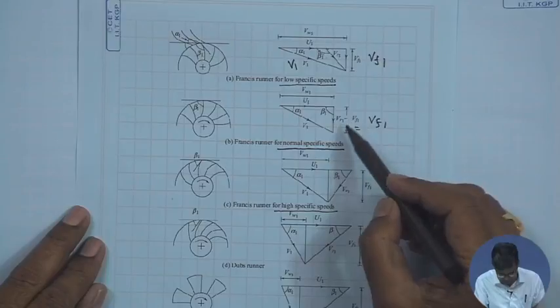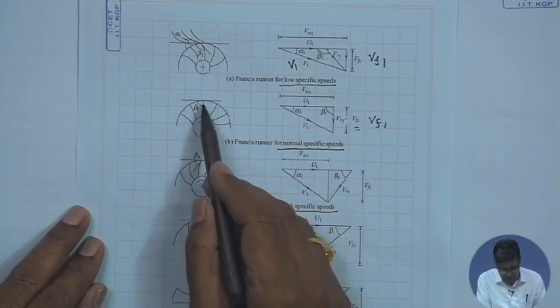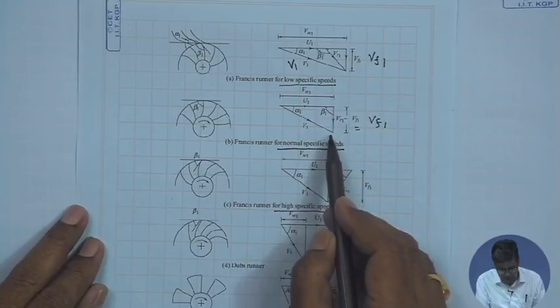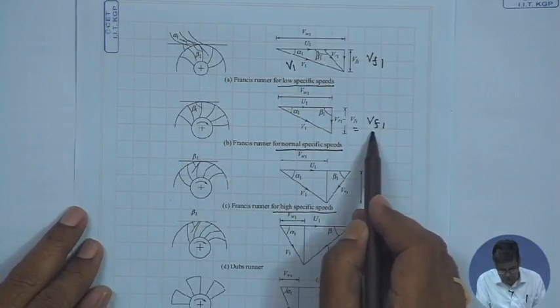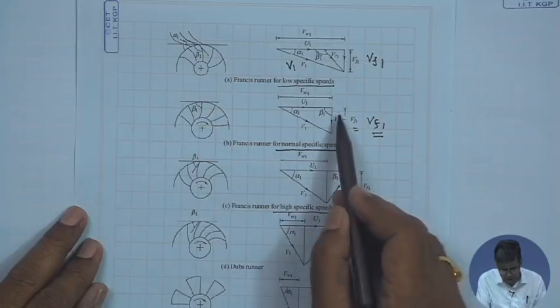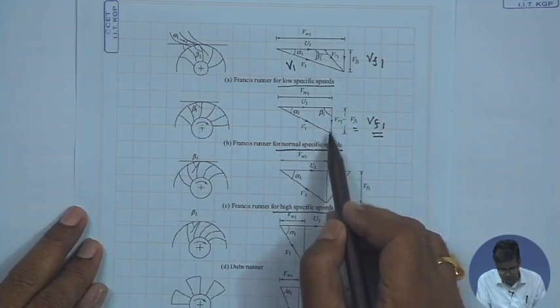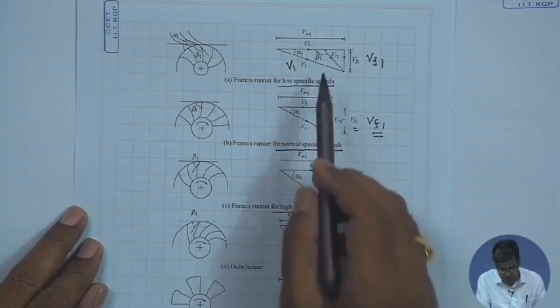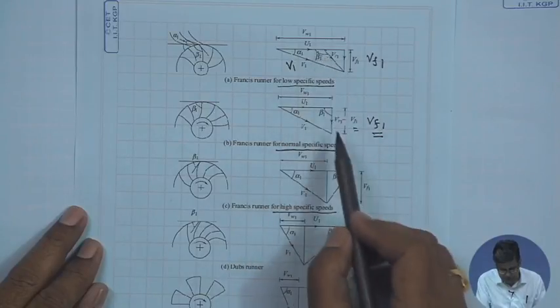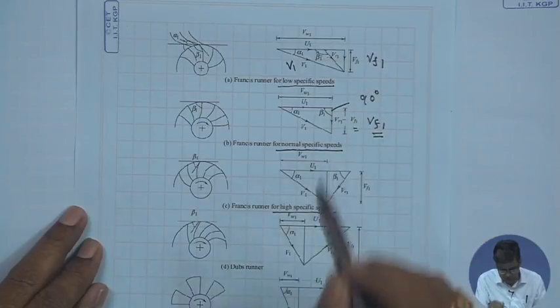That means this is the velocity of flow, and it is coinciding with the relative velocity. That means not only does it increase the velocity of flow, at the same time the blade at the outlet is in the radial direction, so that the relative velocity and the flow velocity coincide with each other. That means this value beta 1 is reduced to 90 degrees. This is another aspect.